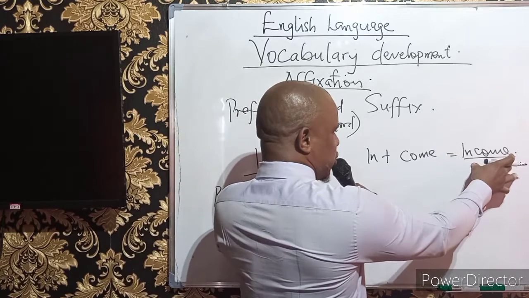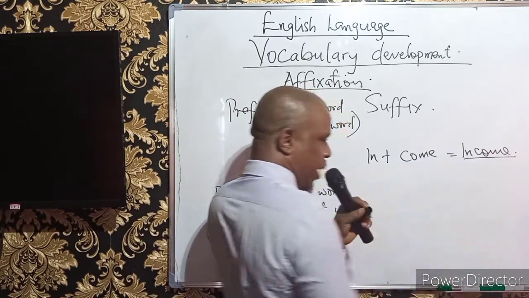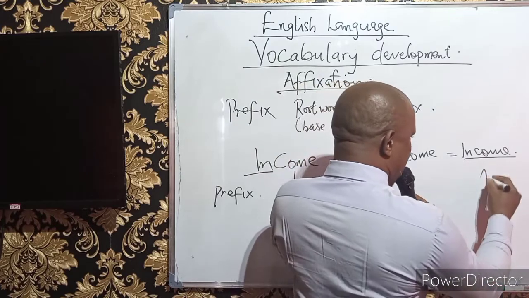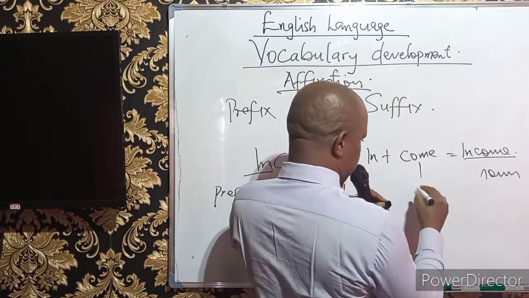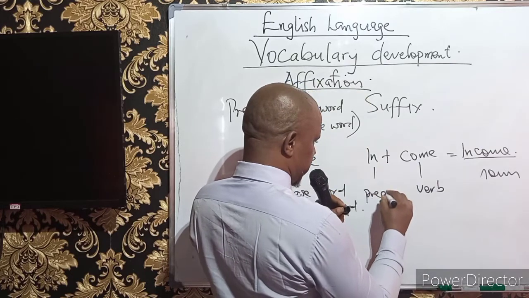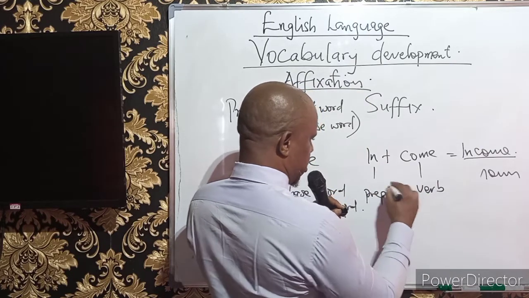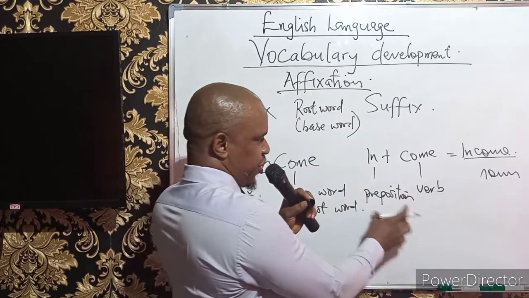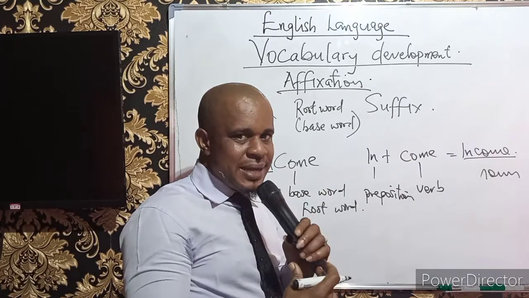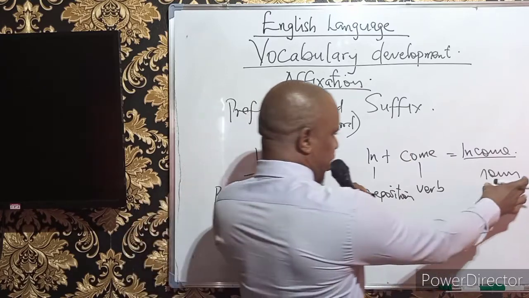By the time we have them together, we have the product such as income. And this is a noun. So we have a preposition here, we have a verb, and then the product of these two, when they are blended together, will give us a noun.